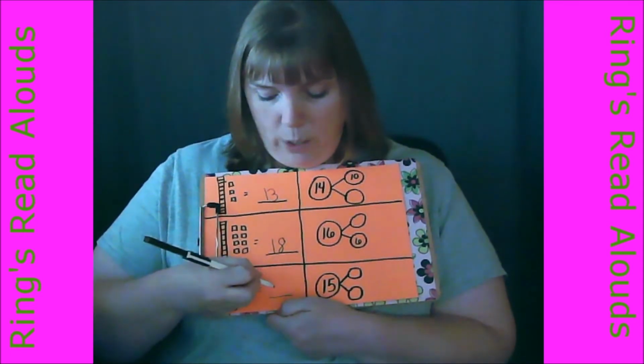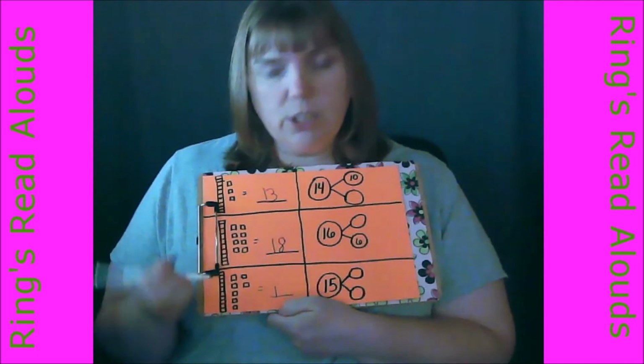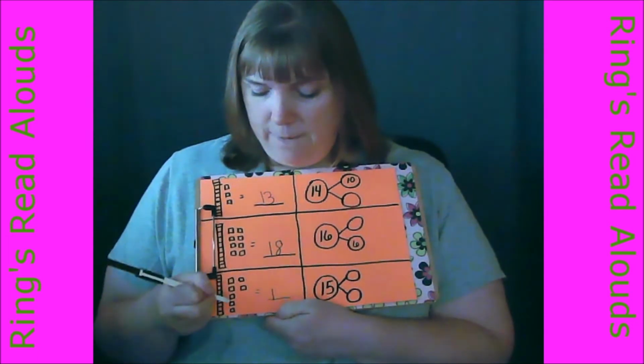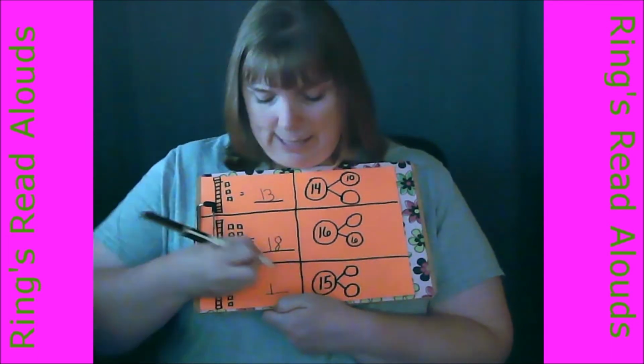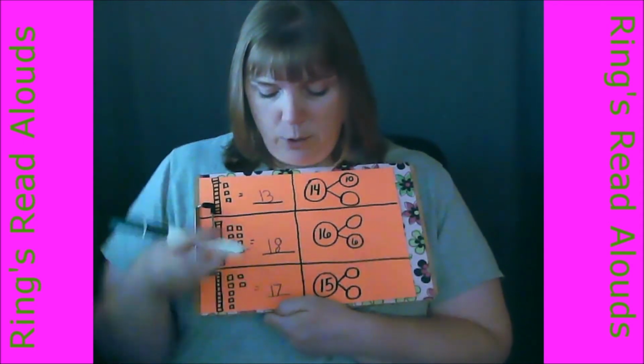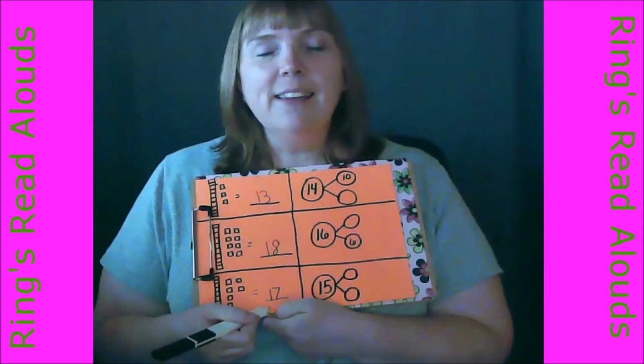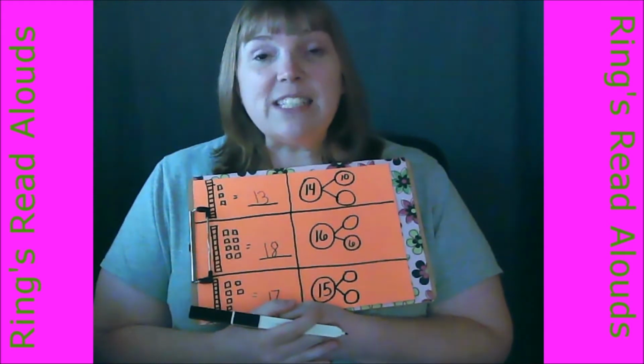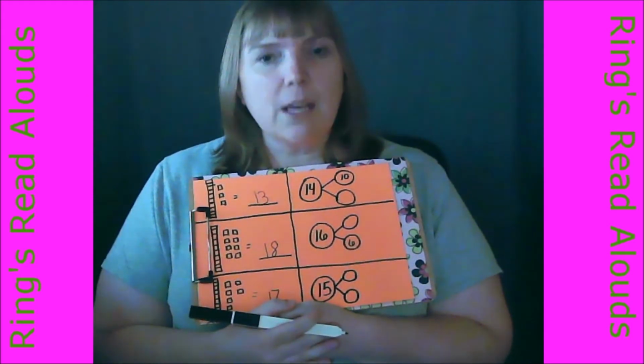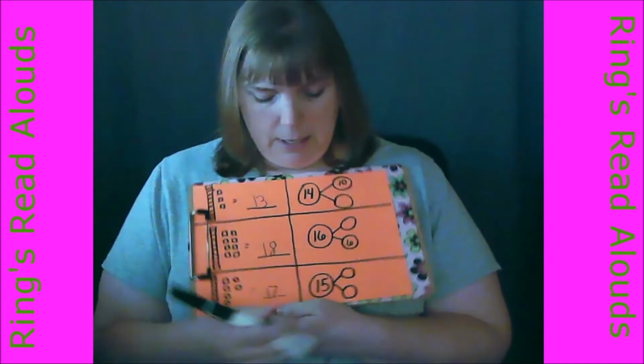So I have 1 ten. And then how many ones do I have? 1, 2, 3, 4, 5, 6, 7. So my number is 17. If you got the number 17, give yourself a thumbs up. You did a great job. Kiss your brain one time. Good job, boys and girls.